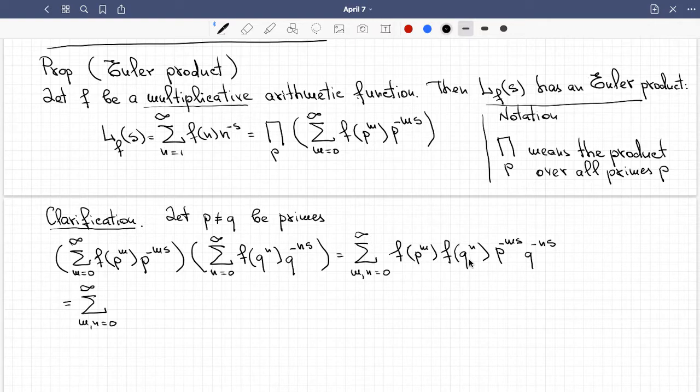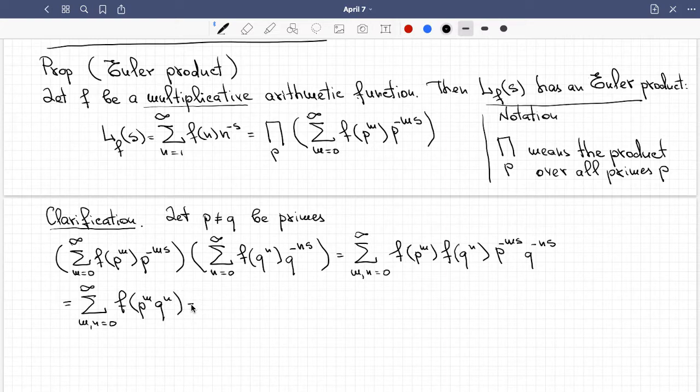P and q are different primes. Thus, p to the m and q to the n are relatively prime. So that is what it means to be multiplicative. I can write it as f of p to the m, q to the n.